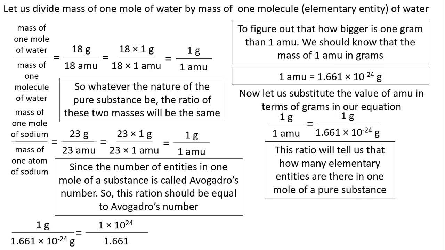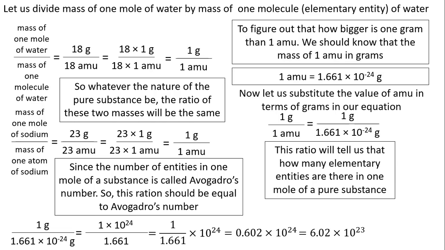If I take the power factor, 10 to the power minus 24, to the numerator, it's going to be positive. And what will be the reciprocal of 1.661? What will be 1 over 1.661? It's just going to be 0.602. When we move the decimal point towards the right, we will get 6.02 times 10 to the power 23, which is the well known figure for the Avogadro's number.